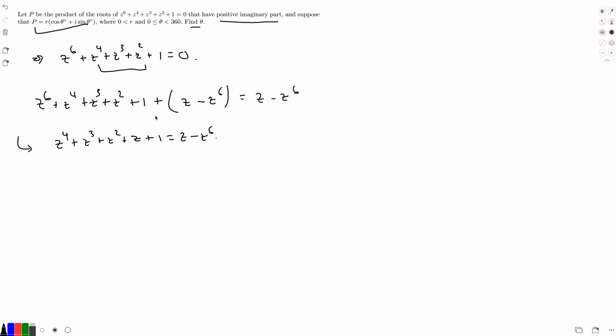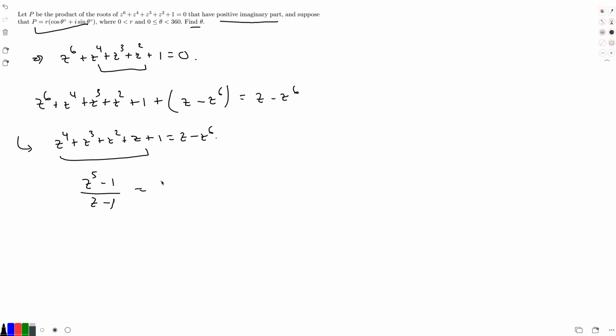Now the first sign that we're doing something right is that this factors nicely, and this will give us a 1 minus z to the 5th in the factorization, meaning that we have some z to the 5th minus 1 terms. So let's just rewrite this as z to the 5th minus 1 over z minus 1. If you're familiar with roots of unity factoring, this is an immediate observation. Otherwise, you can just rewrite this as a geometric sequence and apply the formula.